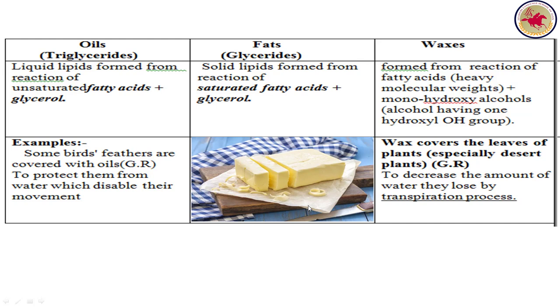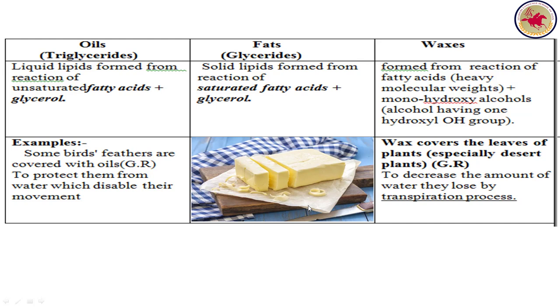The last one is wax, formed also from saturated fatty acids like fats, but with a higher molecular weight than fats. And the type of alcohol here is not glycerol but monohydric alcohol, meaning it contains only one OH group.